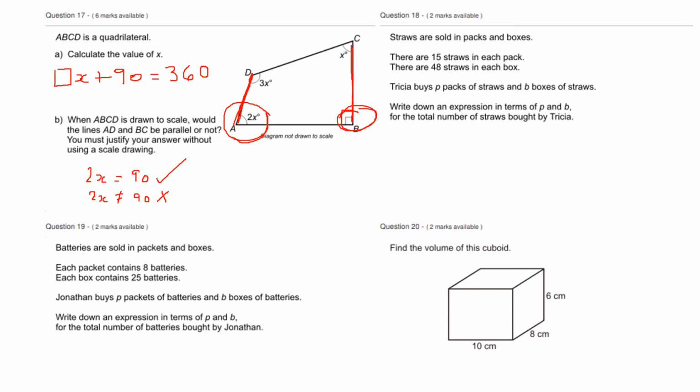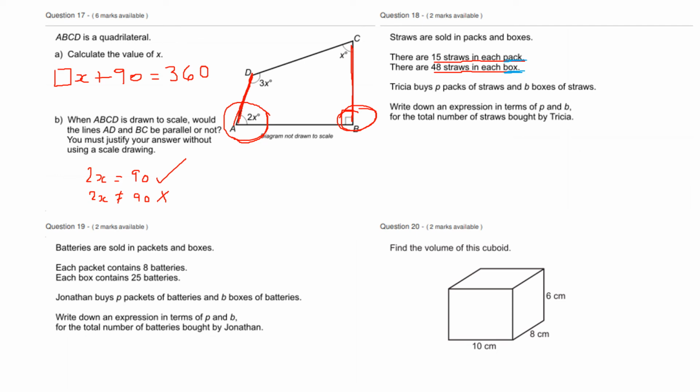Question 18. For question 18, it's quite hard for me to do without just doing it. But basically, we've got 15 straws in each pack, and there's 48 straws in each box. So the difference is this wording here, okay? So packs and boxes.